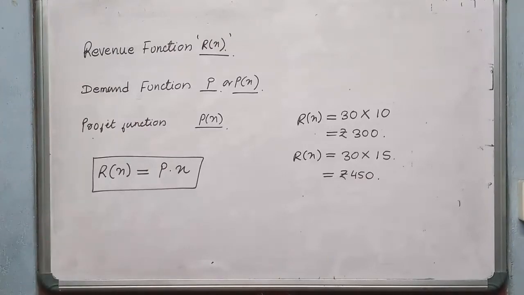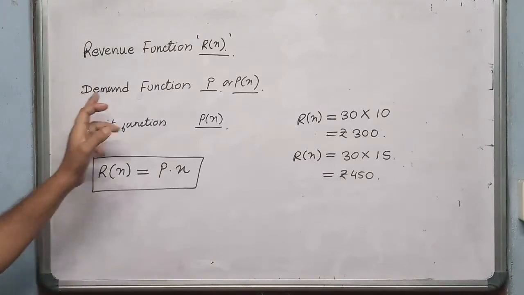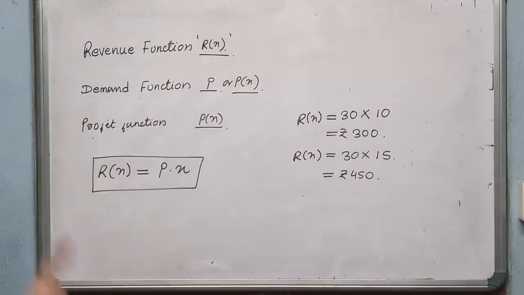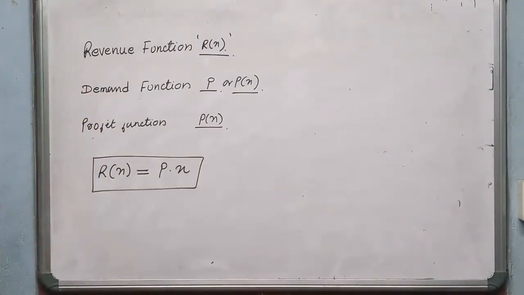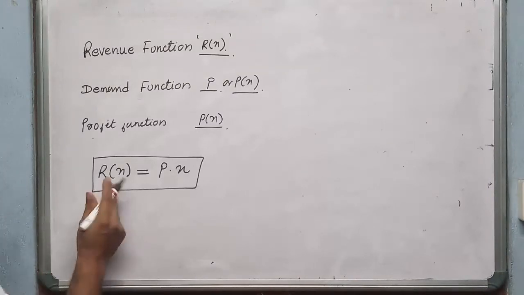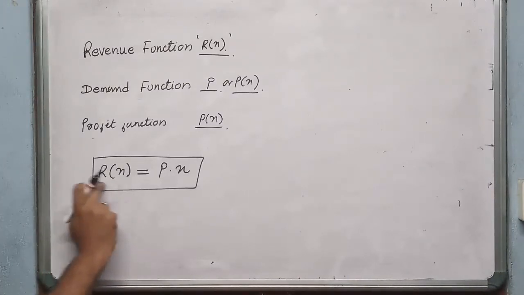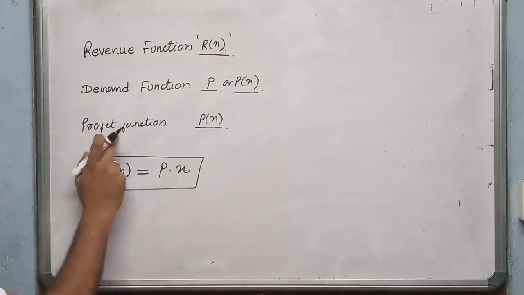Don't get confused with the revenue and the demand. Revenue means total amount, total selling price. Demand means the selling price of the one product. Now this one is the formula to calculate the revenue, total selling price.